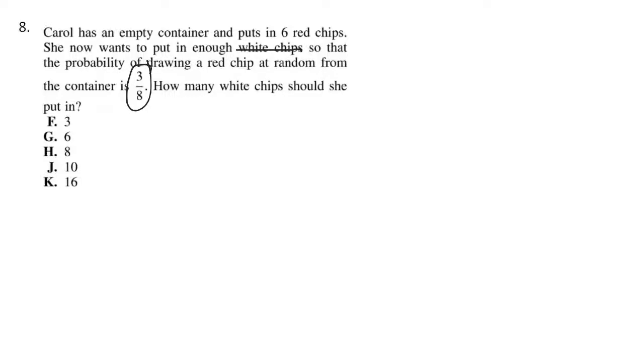And so I want that probability to be 3/8. I want to figure out, well, what has to happen here? Well, I'm not adding any more red chips, and red chips are what I'm drawing. So I know there's a total of 6 red chips, and then there's already 6 in the bag, but I want to know how many more can I add to it.